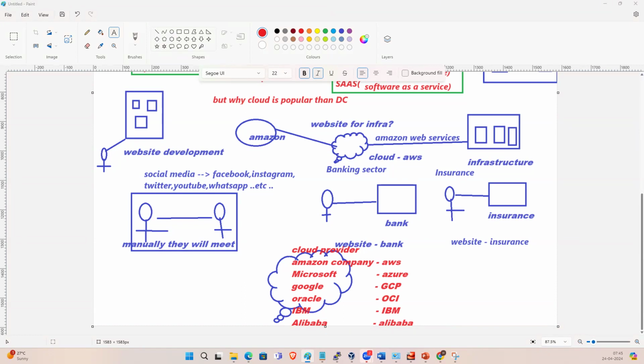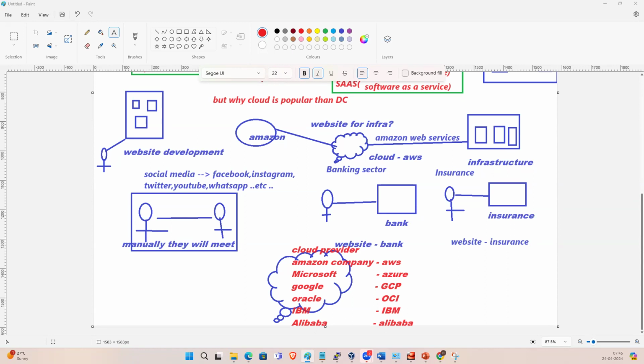Chaitu, Vinay Reddy: Amazon AWS, Microsoft Azure, Google GCP, Oracle OCI, IBM, Alibaba. Fanindra Kumar: Amazon company AWS, Microsoft Azure, Google GCP, Oracle OCI, IBM, Alibaba. These are all the cloud providers.